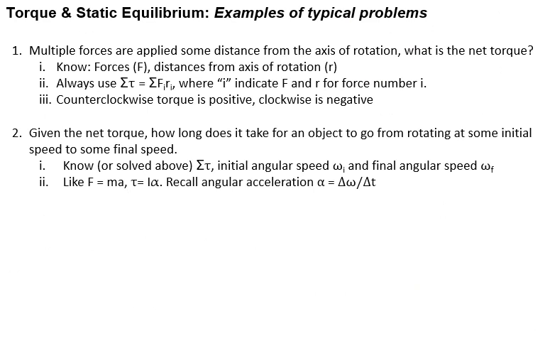So what are some typical problems you encounter for torque and static equilibrium? Let's just take the first example. Let's say you have multiple forces that are applied some distance from the axis of rotation, and we want to know what the net torque is. So in this case, you know all the forces and you know the distance from the axis of rotation. So this always comes down to just summing the torques, which is equal to the sum of the different perpendicular components of the force times the distance from the axis of rotation.